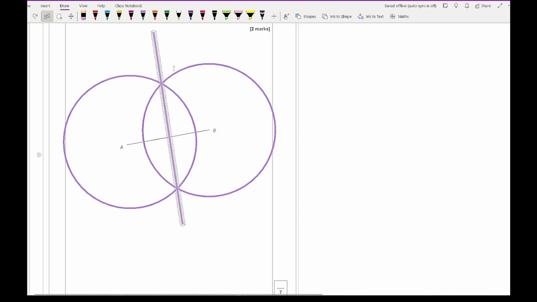So you should have something that looks like that. You might want to do it with dashed lines, but you definitely do not want to rub out your arcs or circles that you've drawn. So this line here is going to be the answer. And again, the centre of each of those circles is put on A and B respectively.